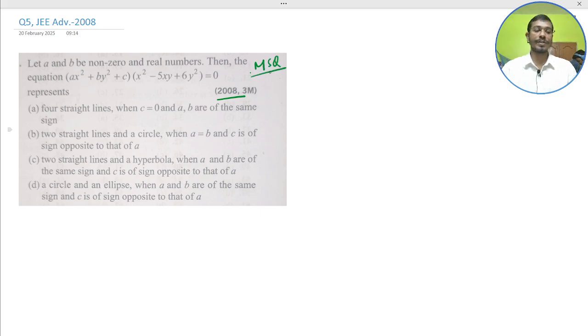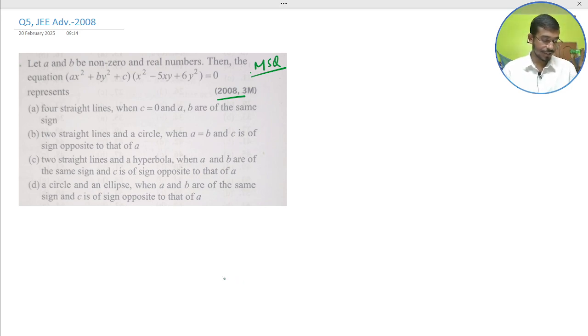Multiple select question means one or more than one answer can be correct. So here, let us solve that. Let a and b be non-zero real numbers.